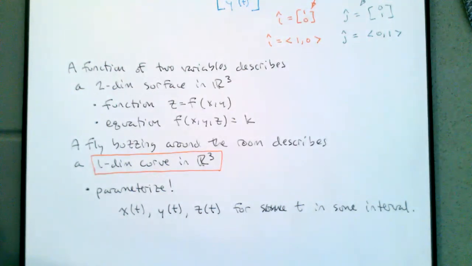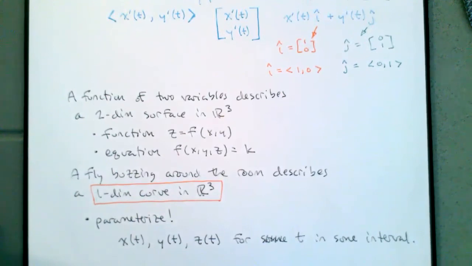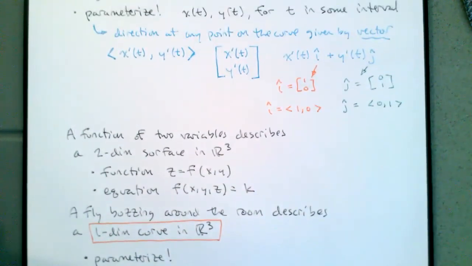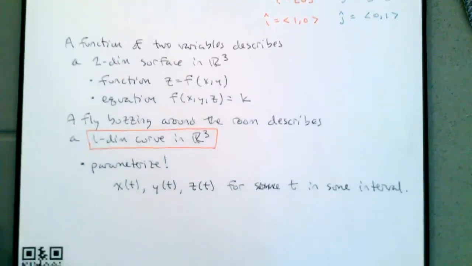Now at any point on that curve in R3, we might want to define what direction things are headed. And now we can just do the same thing that we did before. Take derivatives of our three coordinate functions, and make a vector out of it.